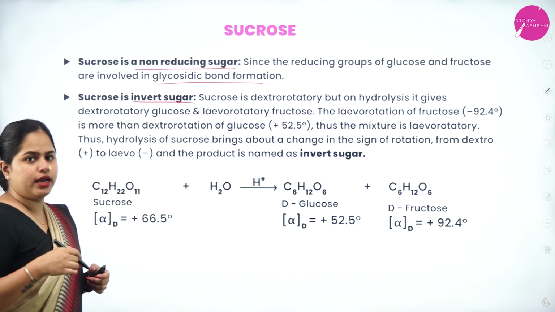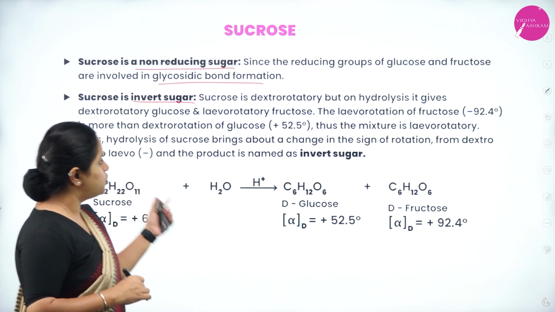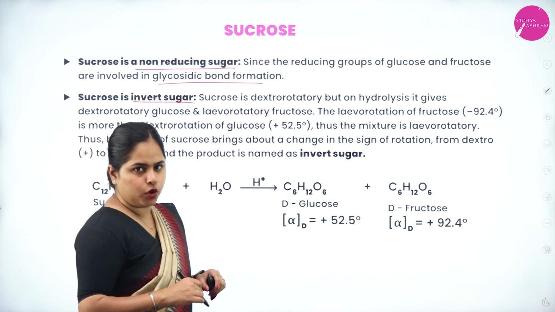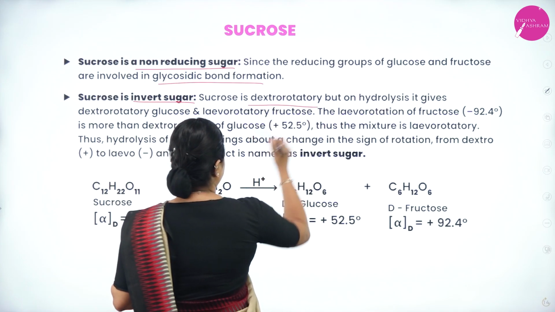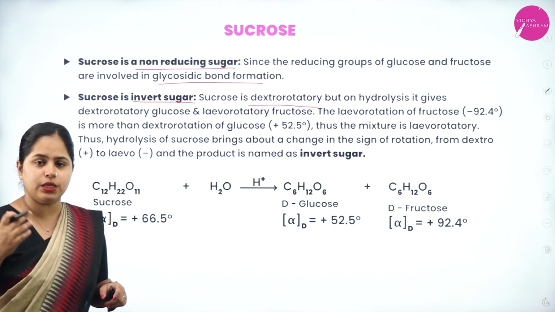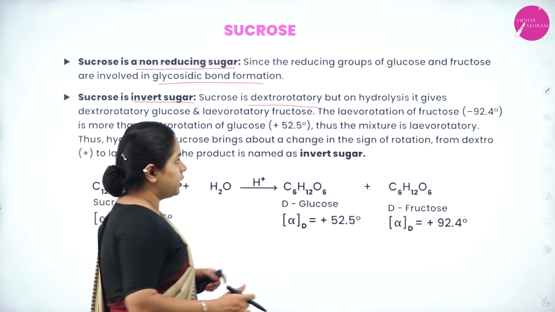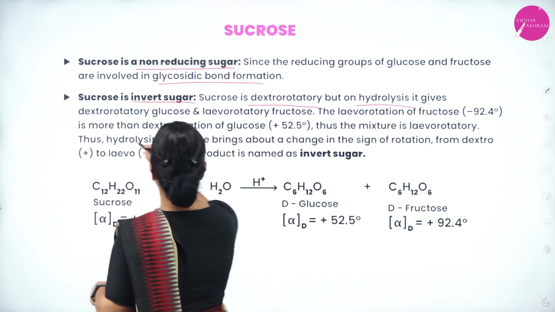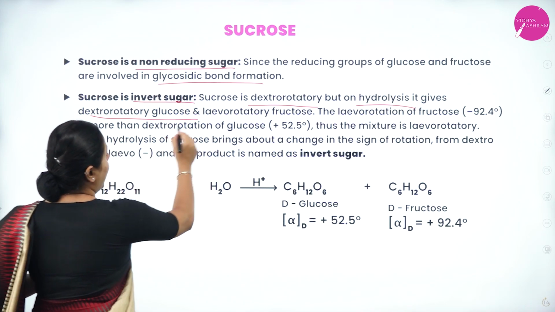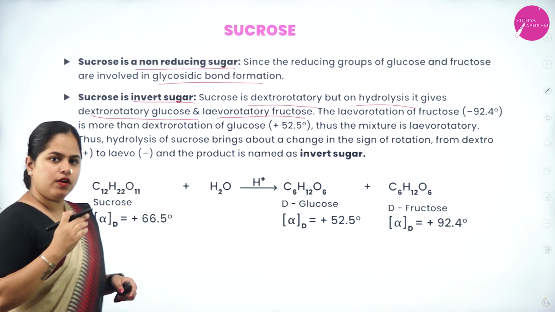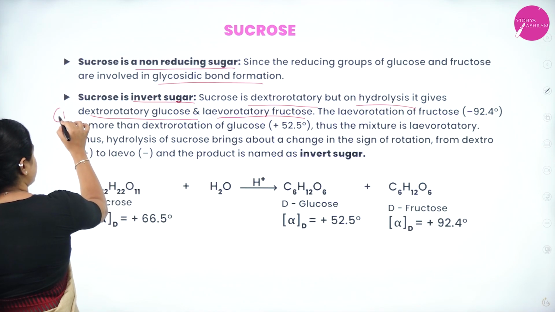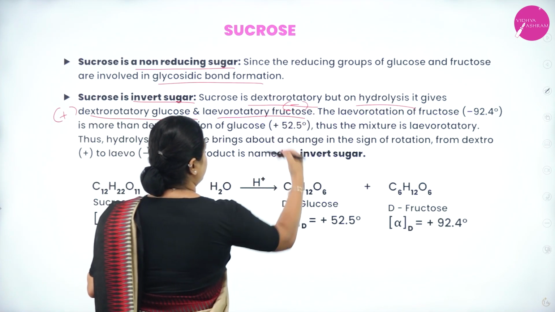Now why is it called an invert sugar? Let's see. Sucrose is dextrorotatory originally, which means it rotates the plane polarized light towards the clockwise direction. But on hydrolysis, it gives dextrorotatory glucose and levorotatory fructose. We have already studied that glucose is dextro and fructose is levorotatory.